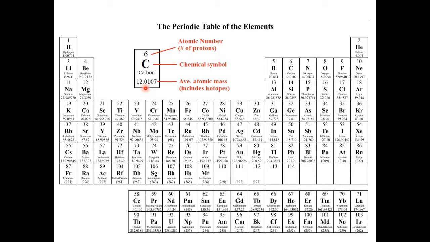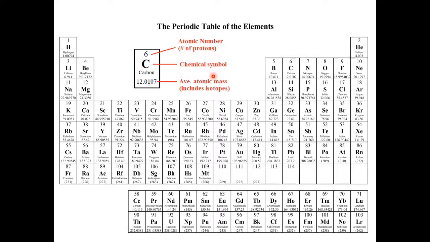And this is something that we're really not going to deal with in this chapter. It's basically an average of all the isotopes that are found, weighted according to how abundant they are. But you can see that basically carbon has an atomic mass of 12, and the most common carbon is carbon-12.